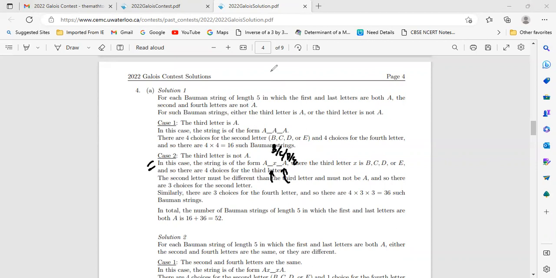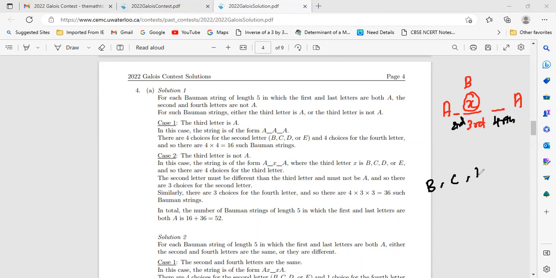I'll tell you how. Assume you are filling B in the third place. For the second and fourth position, we usually have these 4 choices.